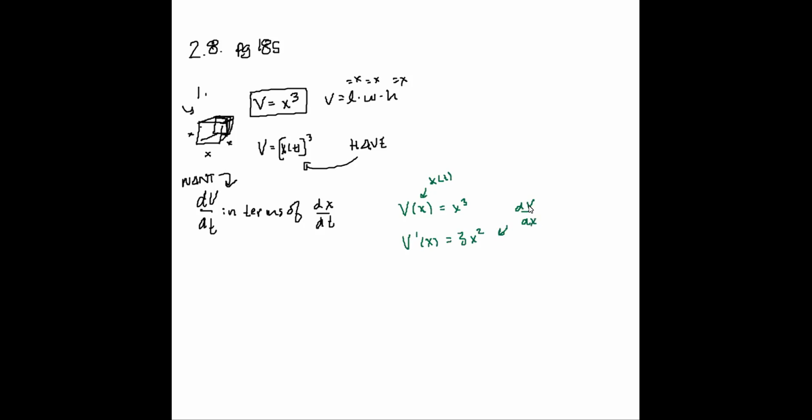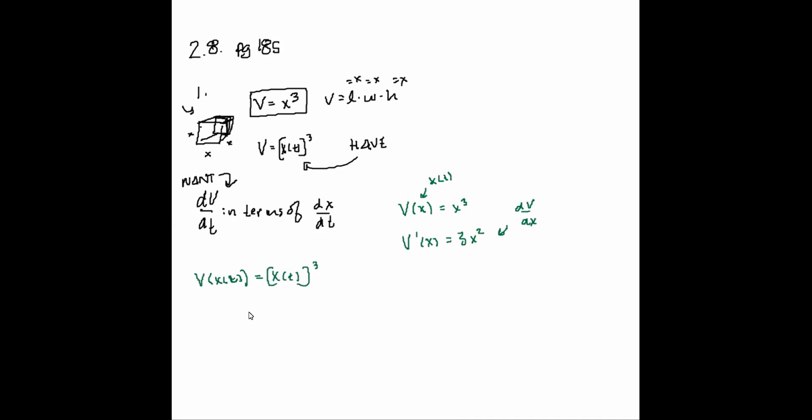So what we need to do is build this as if we were solving a problem with the chain rule, in that we have an equation that is V of x of t is equal to x of t cubed.